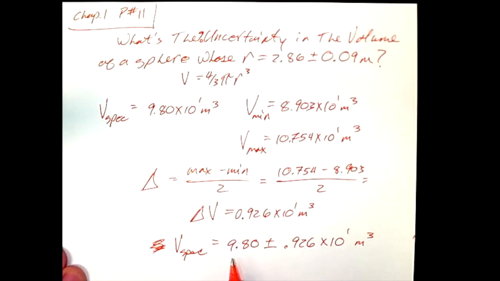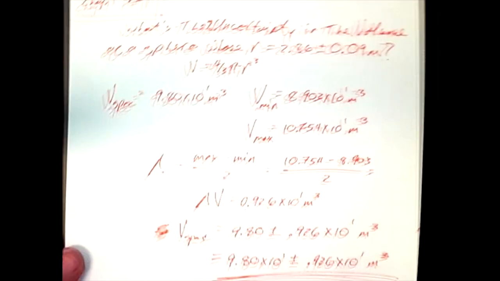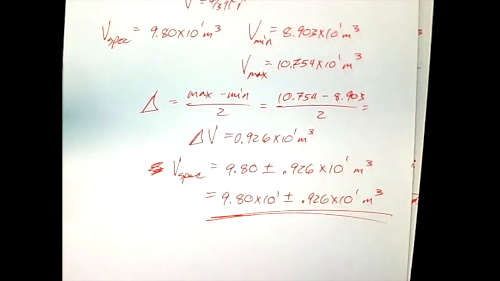It's not incorrect to list this as exponential only here, but it's also not a bad idea to list it as 9.80 times 10 to the first plus or minus 0.926 times 10 to the first meters cubed, so that we don't make any mistakes in understanding where these things are rounded. This, of course, is just the specific value.